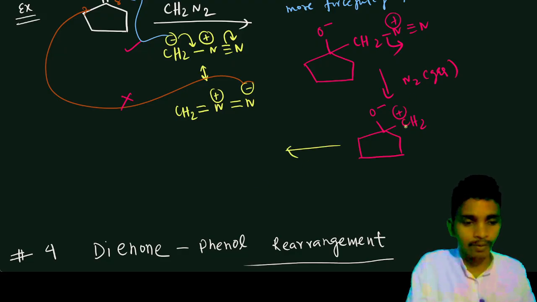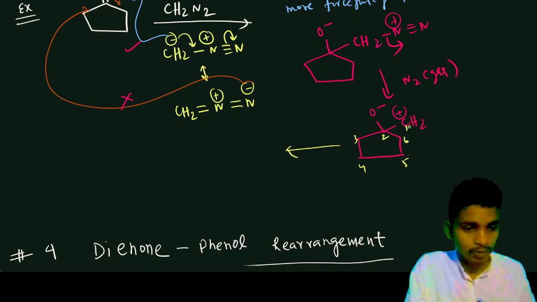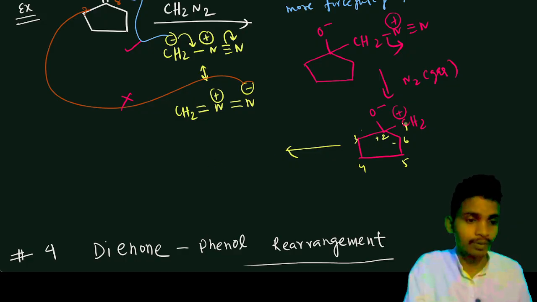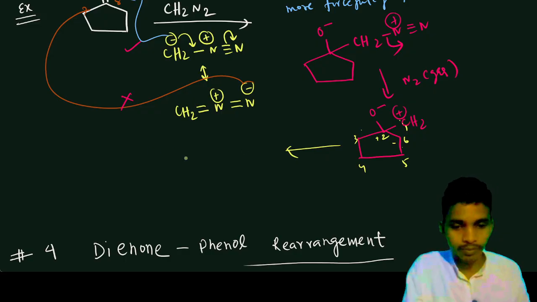So what will happen? Number the carbons 1 2 3 4 5 and 6. So I want to make a 1-3 bond, or we can make this one 1-6. I want to make the bond. So let's say this is negative, then this has to be positive, and positive and negative make a bond. So make this a 6-member ring.